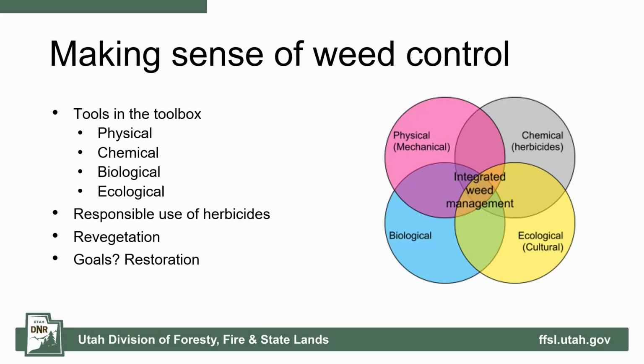And then there's ecological control, or sometimes called cultural control, and this would include things like grazing. It would include reseeding. Sometimes the use of fire might be considered part of this. Also water management. And so with all of these approaches, they need to often be used in combination.